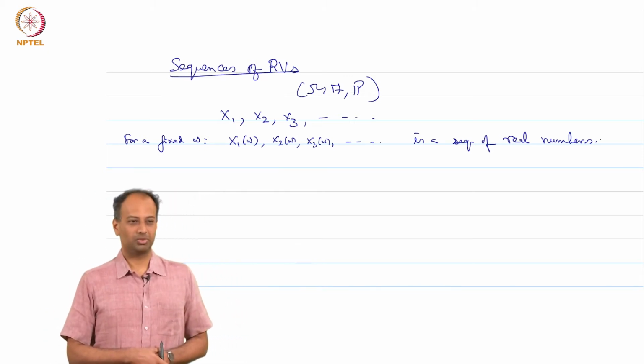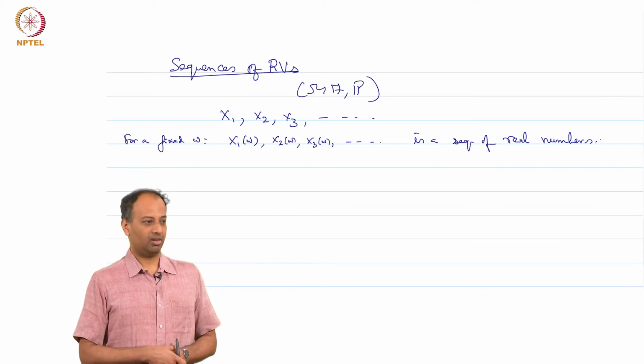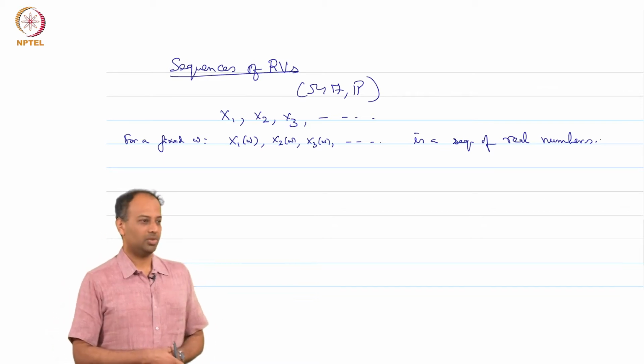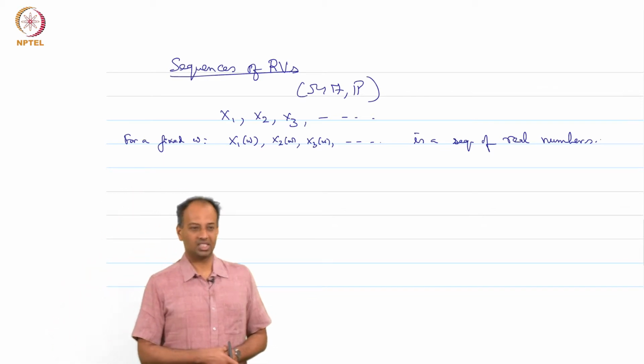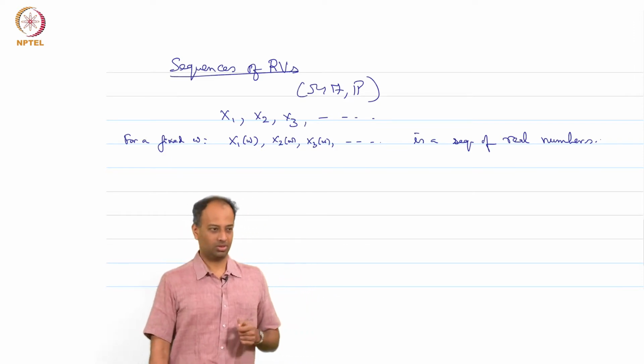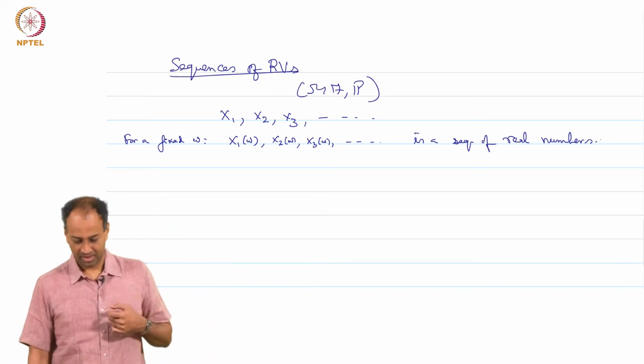Let us say I want to talk about the sequence a_n converging to some little a. So, intuitively it means that when n becomes large, the sequence a_n gets arbitrarily close to the proposed limit a, right, little a.